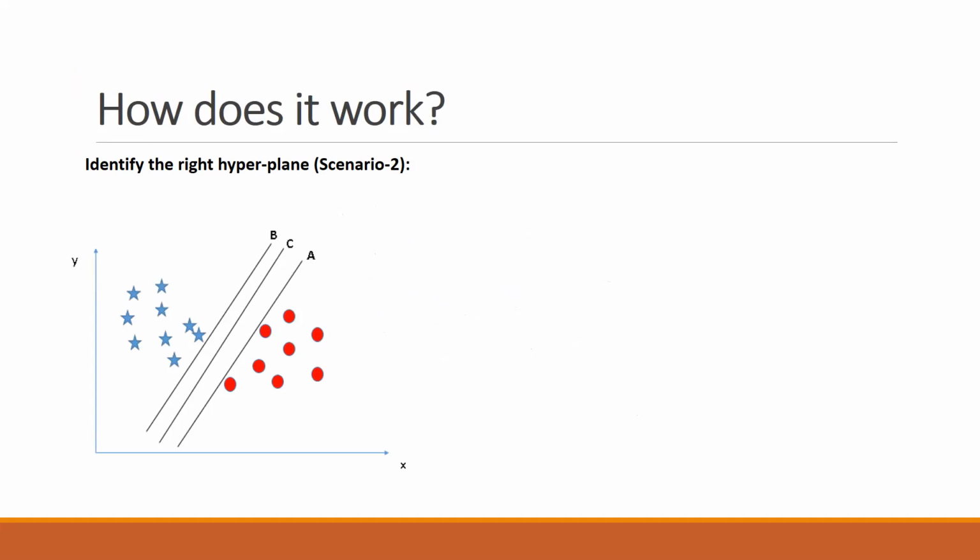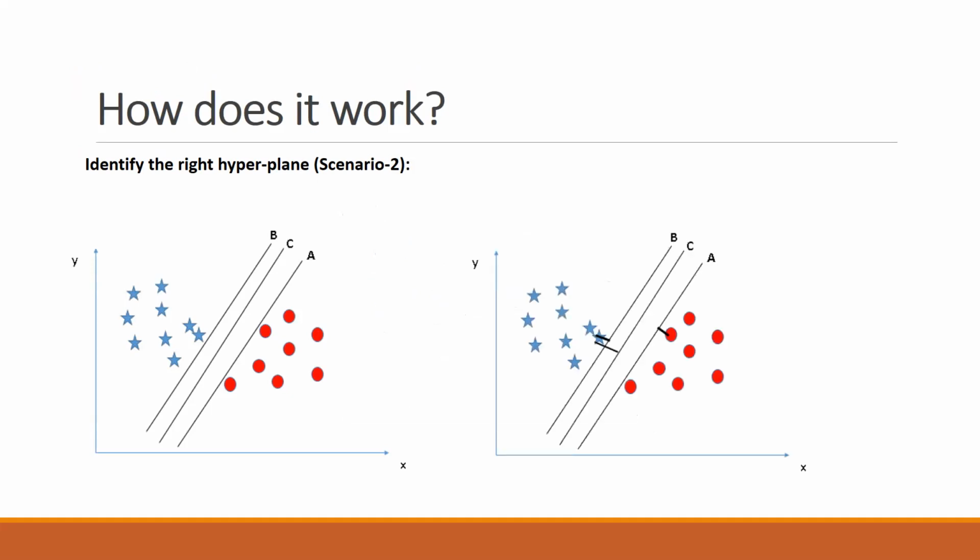Second, we identify the right hyperplane. Here we have three hyperplanes, A, B, and C, and all are segregating the classes well. Now, how can we identify the right hyperplane? Here, maximizing the distance between the nearest data point, of either class, and the hyperplane will help us decide the right hyperplane. The distance is called the margin.